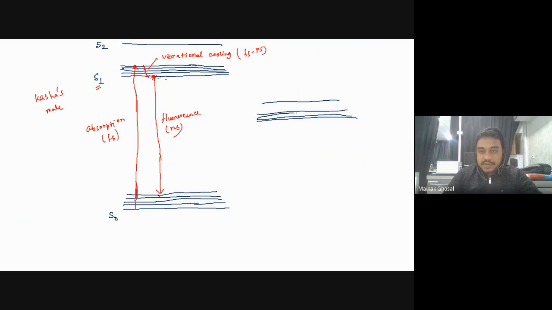These are terrible drawings, so forgive me about this drawing because I'm not too used to this virtual board. This is the T1 state.